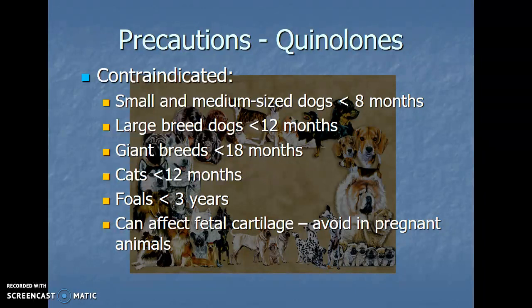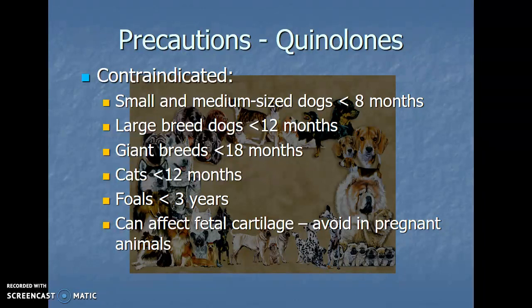animals. So, as we know with dogs, it depends on their age as to how fast they develop and how fast that cartilage is formed and growth plates close. So, with small and medium sized dogs, we are talking about holding them off of this for 8 months.